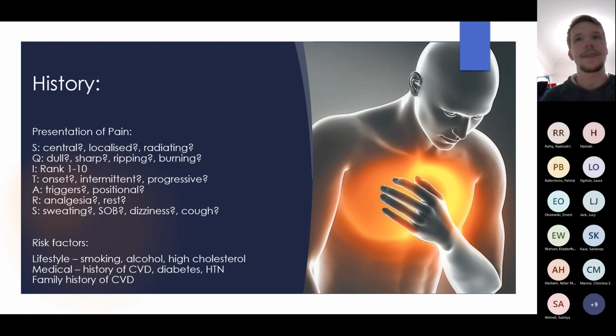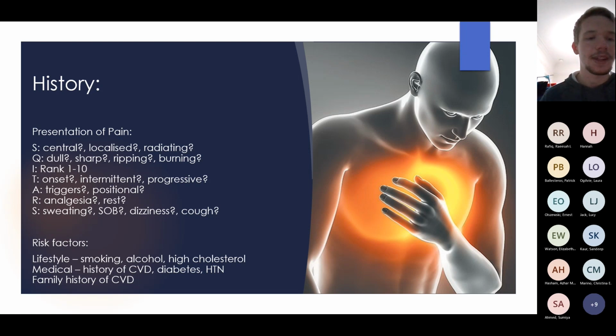And you'd also want to ask about any risk factors that could be relevant, such as high cholesterol, obesity, alcohol use, smoking, anything like that. So, that's sort of a brief overview of a history if someone did come in with chest pain.